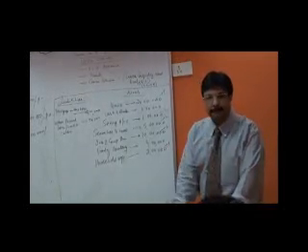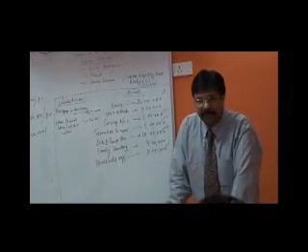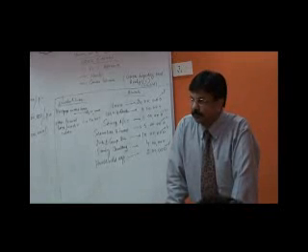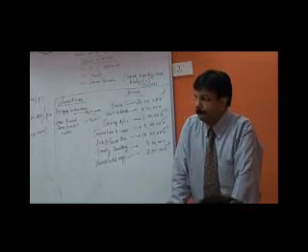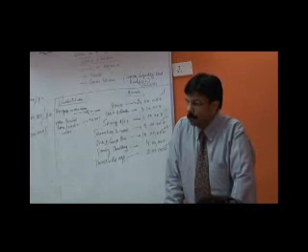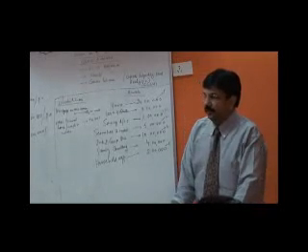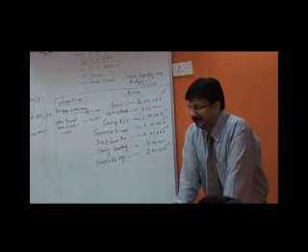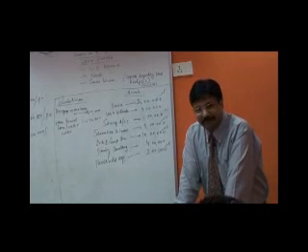Family jewelry, fixed assets, not liquid assets. Why? It is not easily convertible into cash. But it is said that gold, silver and all, they are easily converted into cash. Yes, sir. Yes. It takes some time.